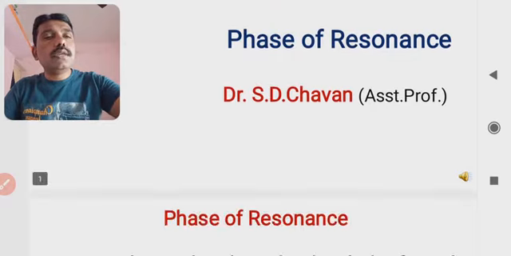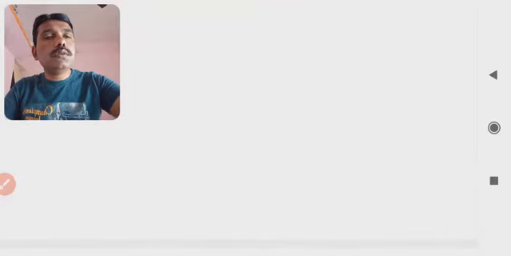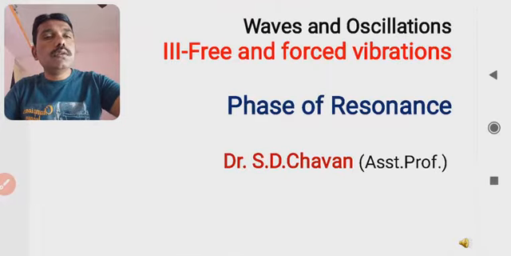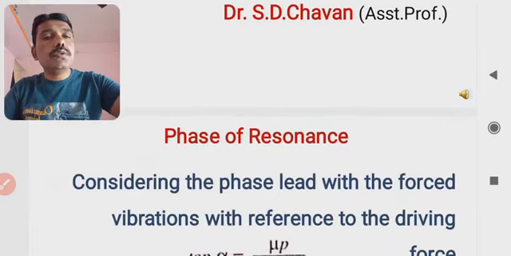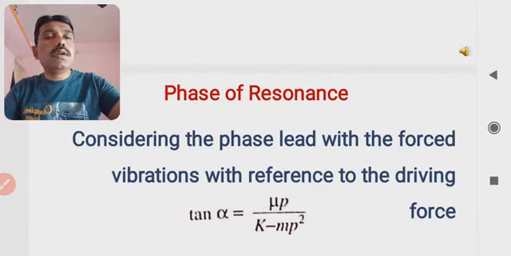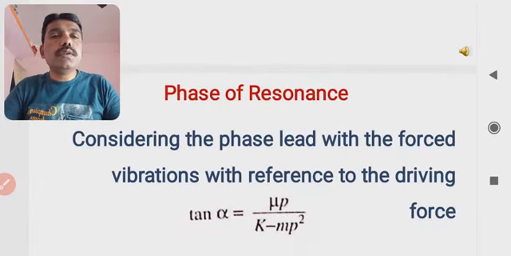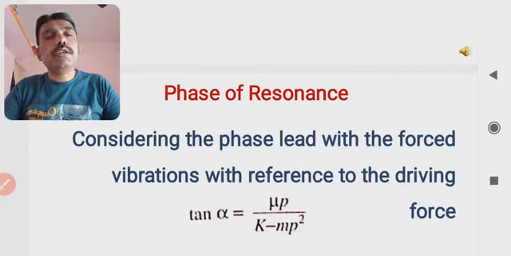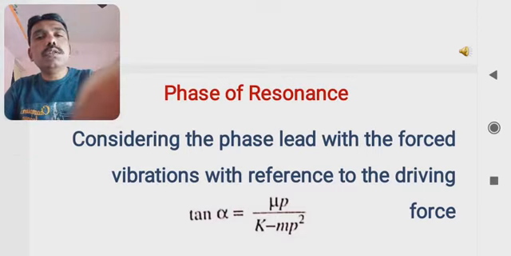Now to get exactly the relationship for the phase of resonance, we have to consider the phase lead of the forced vibration with reference to the driving force, that is tan alpha. In the previous session we have seen tan alpha is equal to mu p upon k minus m p square.